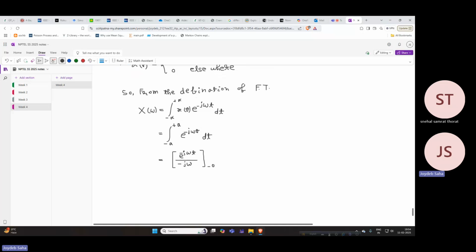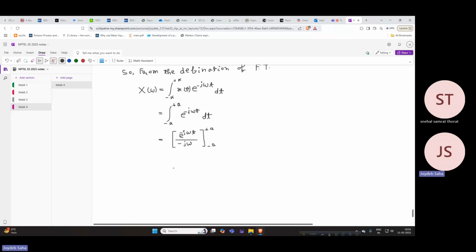From minus a to plus a, we can write it as minus 1 upon j omega into e to the power minus j a omega minus e to the power plus j a omega, right?